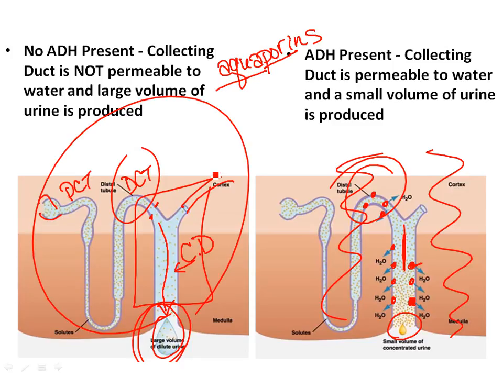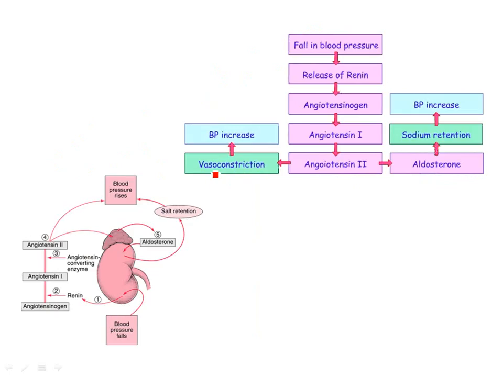Pretty cool too, huh? All right, now the next one we want to mention that we talked about with raising blood pressure is the renin, angiotensin, aldosterone pathway. Now you know why sometimes it's called the RAA system. It's much easier to say, right? All right, so remember, we're still talking about raising blood pressure.